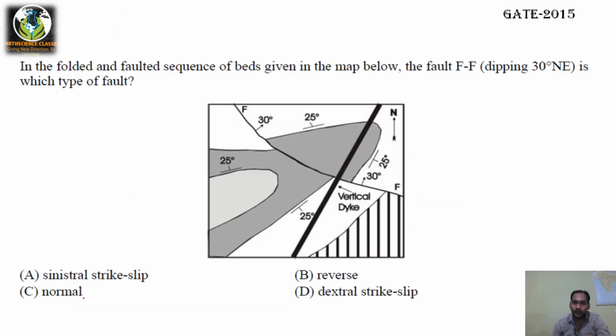Then moving to this question again. You can see this is the folded and faulted sequence of beds given in the map below. The fault FF. Okay, so this is the fault plane, which is dipping in this direction.